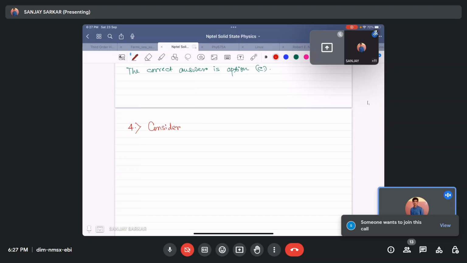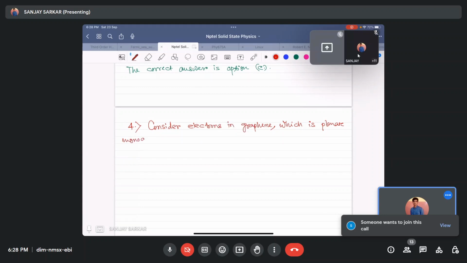Consider electrons in graphene, which is a planar monoatomic layer of carbon atoms.